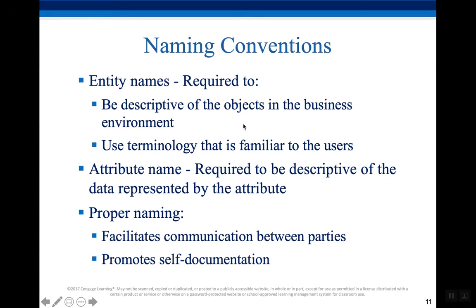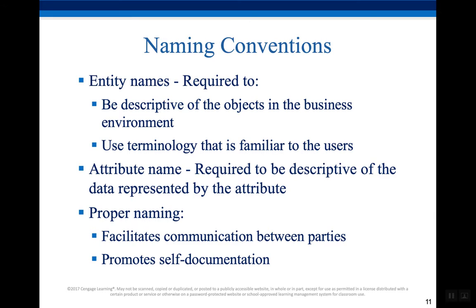Naming conventions. You can call anything you want. You can call a table, an entity, anything you want in a database. You can name all of the attributes anything you want. Practically speaking, a best practice is to use as descriptive a name as possible. If there's a table that contains order information, you want to call that table orders.